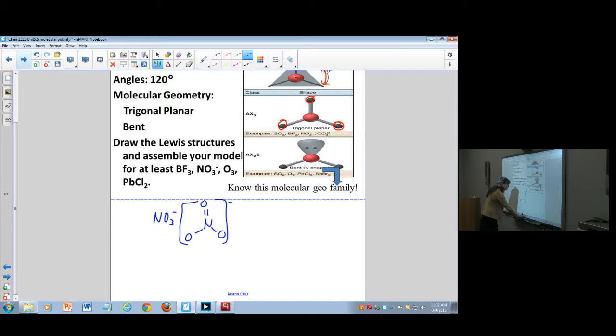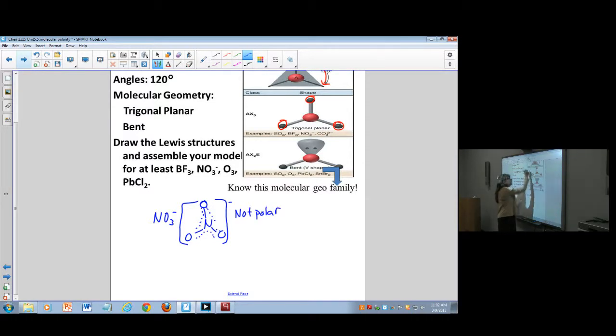Because it's a resonance structure, that means all of the bonds are equal length and equal strength, because that pair of electrons is delocalized, and so this turns out to be not polar.